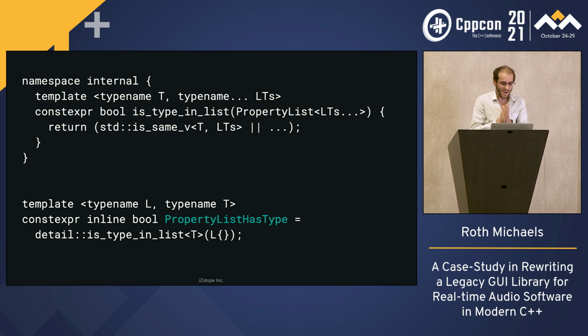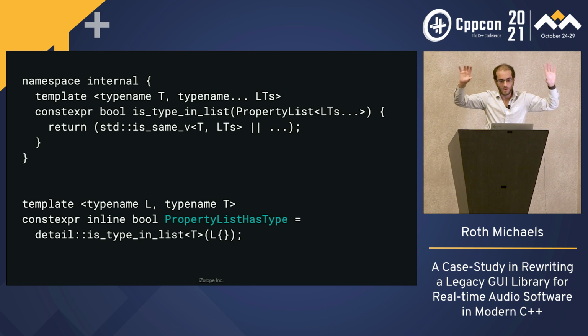I'm sorry about that. So this is what it looks like: this property list has type calls this detail constexpr function. And this is one of the neat modern C++ tricks, using the fold expression, which is these three dots. You see we have this property list L that gets passed in and it gets unpacked into this LTS with the type name ... So now we have this list where we've unpacked all the types inside our property list.